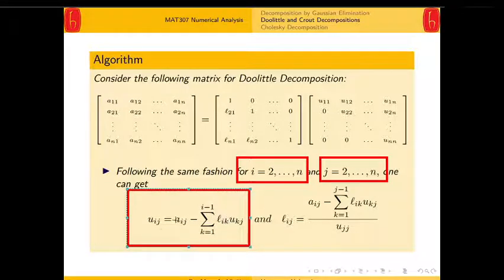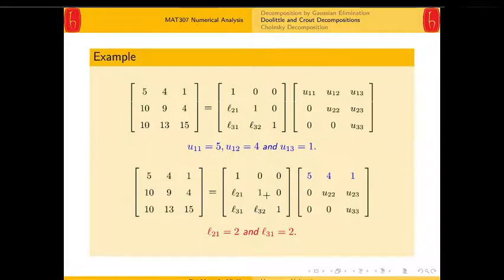Okay, so this will give us the U_ij values, and for the lower triangular matrix we can perform a similar computation, and this will give us the entries of the matrix. Okay, let's see this on an example.